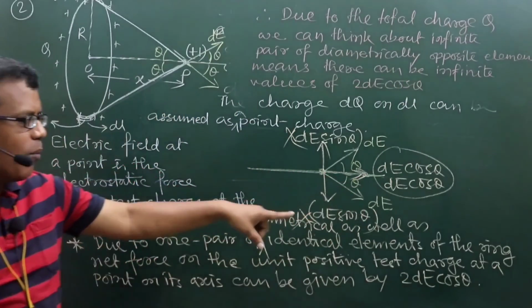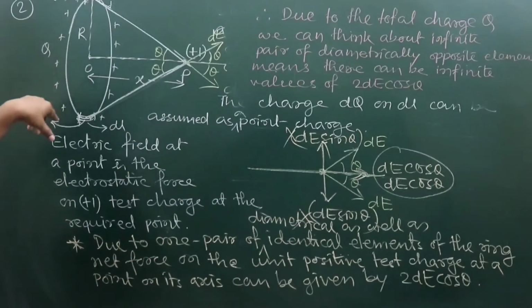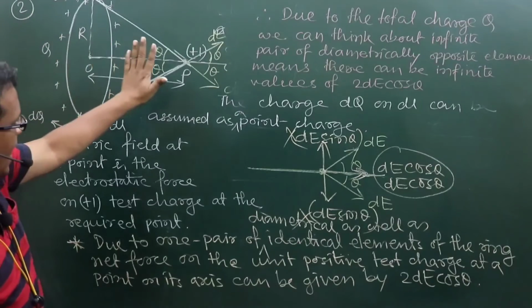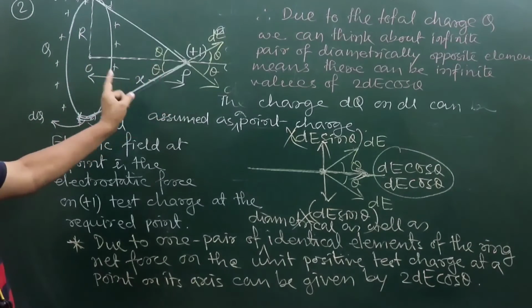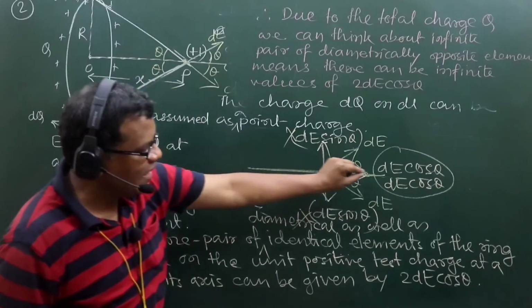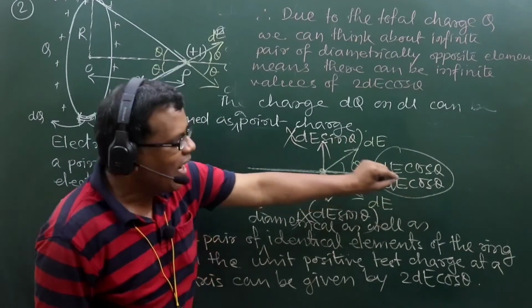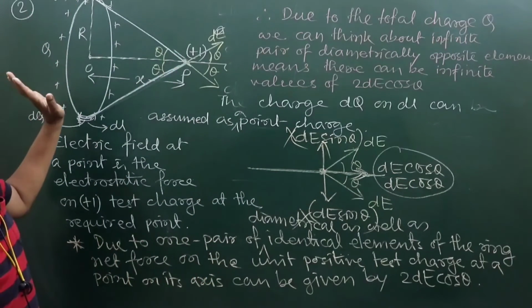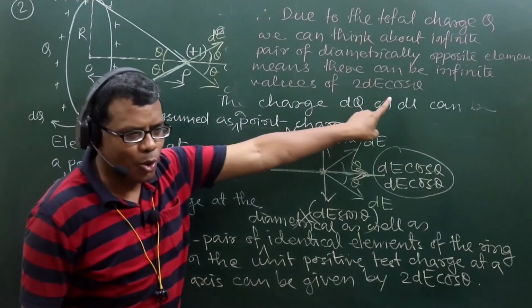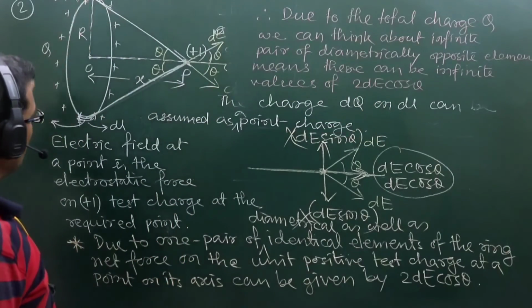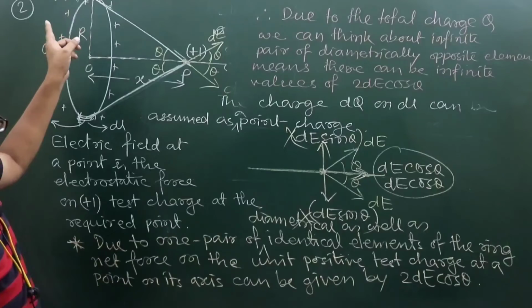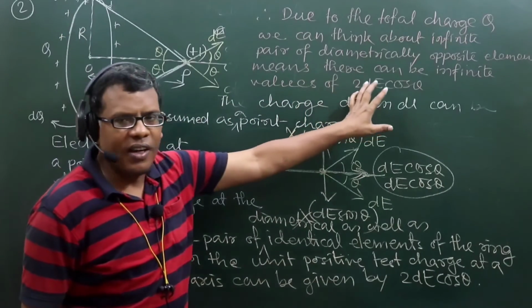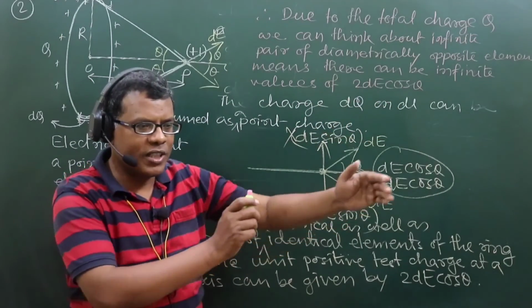Because for one pair of elements, connecting them along with the axis, we get one plane. So for one plane we get the resultant effect 2dE cos theta. How many pairs can there be? Infinite. Each pair will result in 2dE cos theta. So to utilize the total charge appearing on the ring, we get infinite steps of 2dE cos theta.